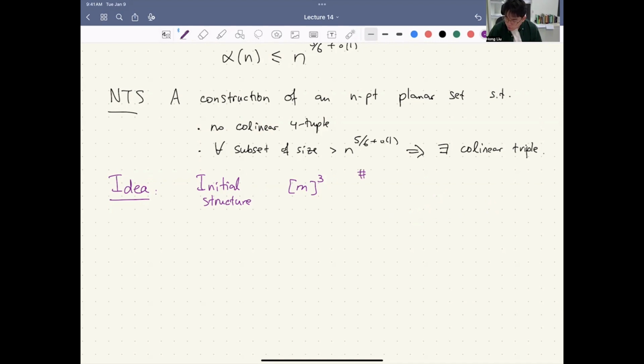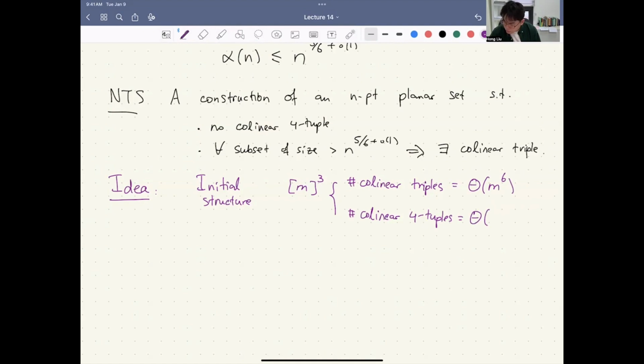The number of collinear triples is of order, we will see later, magnitude m to the 6. But the number of collinear four tuple, up to a polylog factor, is also m to the 6, up to a polylog factor.